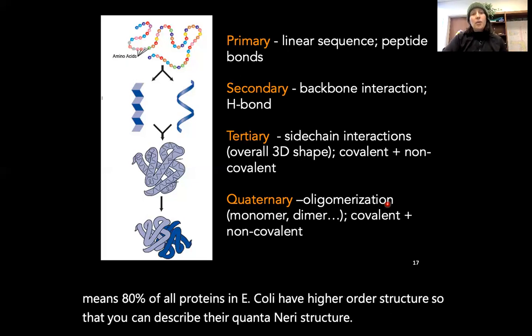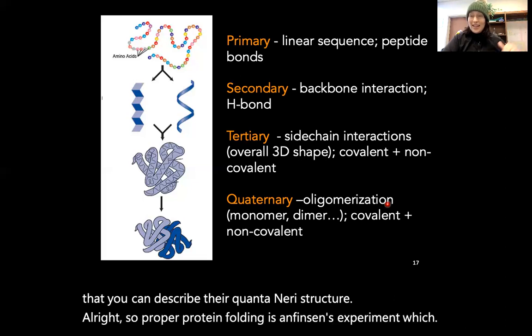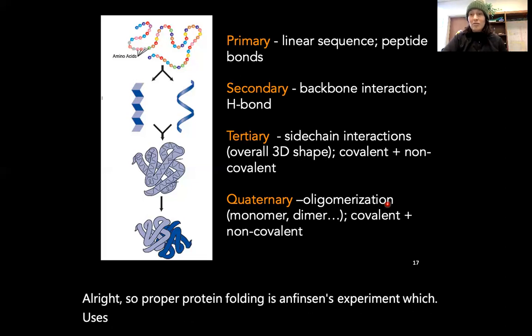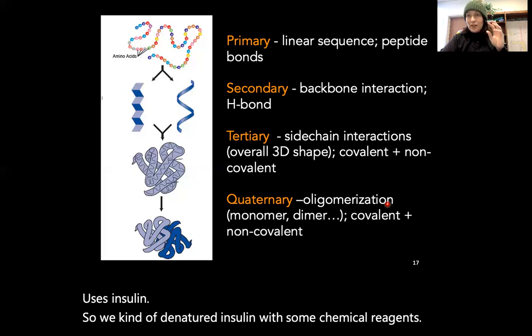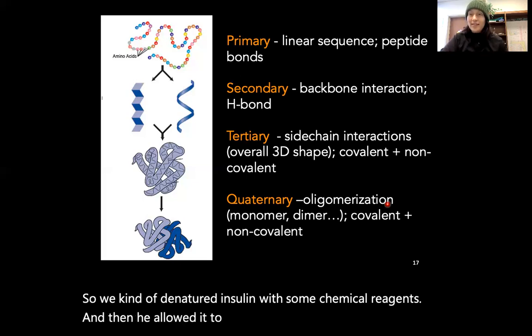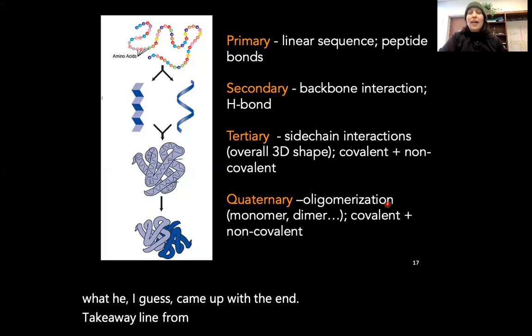All right, so proper protein folding is Anfinsen's experiment, which uses insulin. He denatured insulin with some chemical reagents, and then he allowed it to refold. And what he came up with, the end takeaway from that experiment, was that the primary structure determines the tertiary structure.